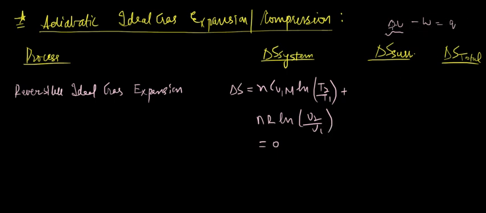So this would be equal to Q, and Q would be equal to 0 because this is an adiabatic process. Hence this term would be equal to 0. Delta S surrounding would also be 0. Delta S total would be 0.